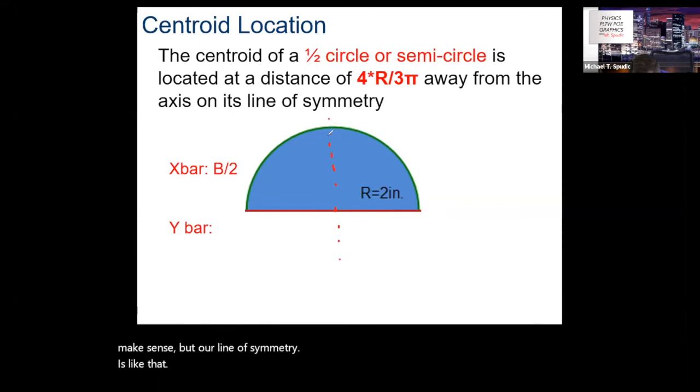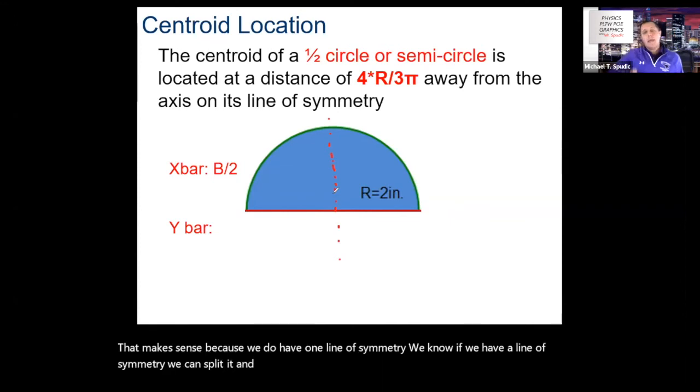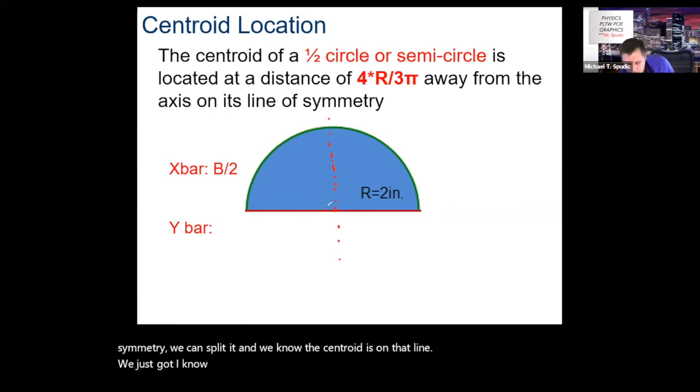It should be somewhere on this line of symmetry. Does that make sense? Because we do have one line of symmetry. We know if we have a line of symmetry, we can split it and we know the centroid is on that line. We just got to know how far up from the base. How far up is it going to go for the y value?